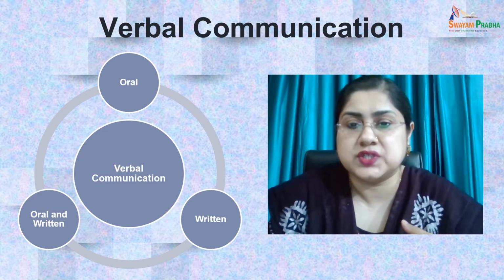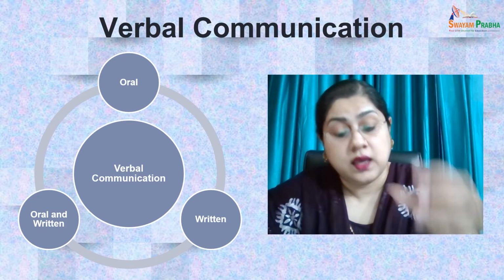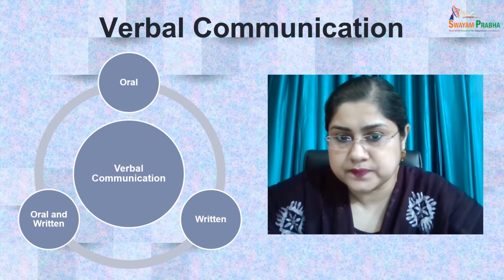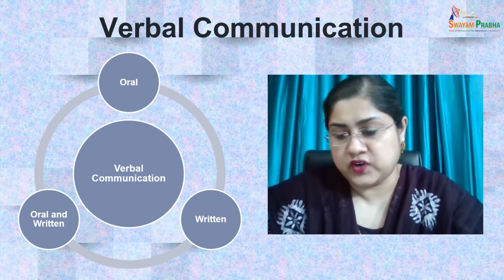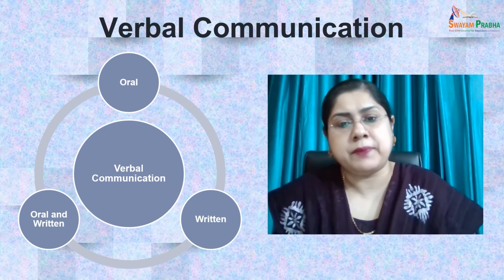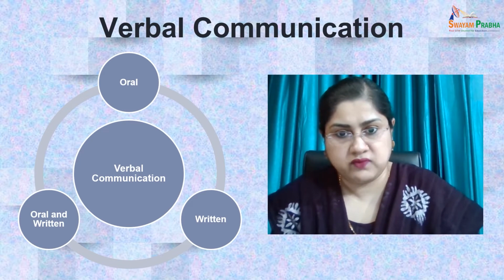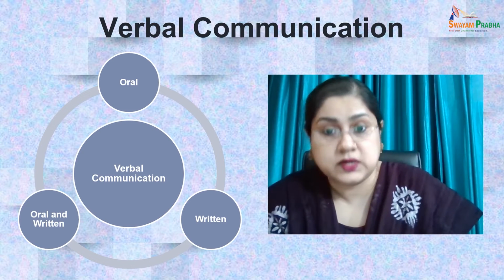For the communication of thoughts and feelings, a person writes through some written mode. For writing, we use a pen or pencil, or on a blackboard or whiteboard, a marker or chalk.